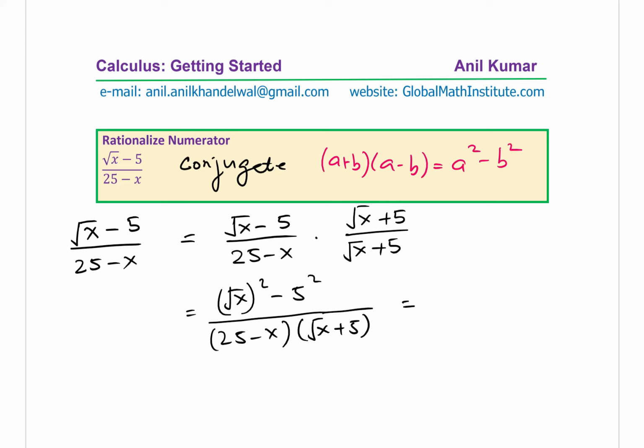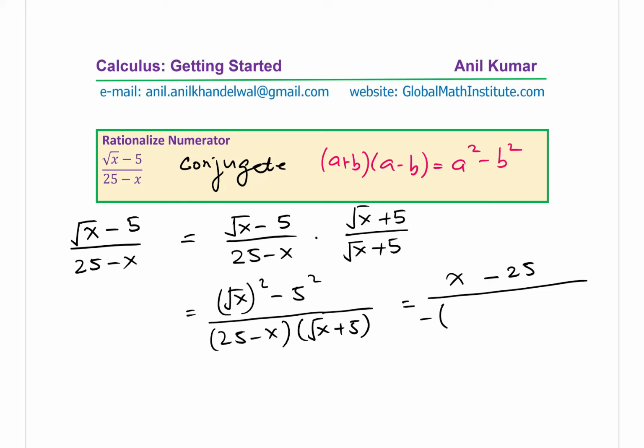But in the numerator, we have x squared minus 25, and denominator also has this term, which is, if I take minus common, I get minus x minus 25. Square root of x squared is x, positive.